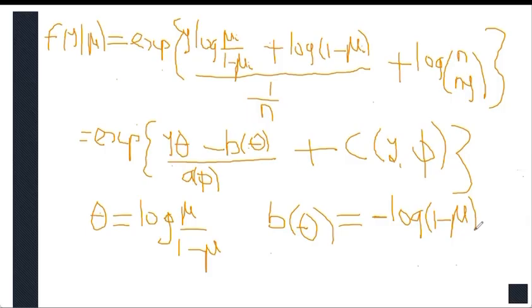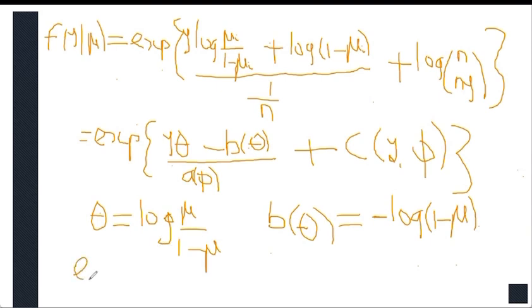Now if this equals that, from here you have theta equal to log mu over 1 minus mu. You can solve for mu here to get it in terms of theta.